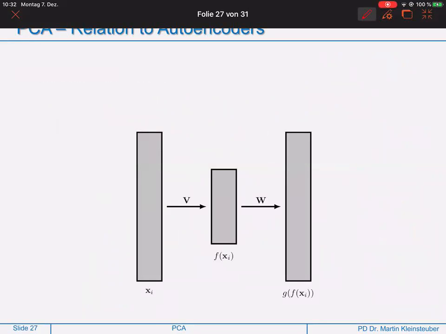And if we say that F and G are linear functions, then we have the following.